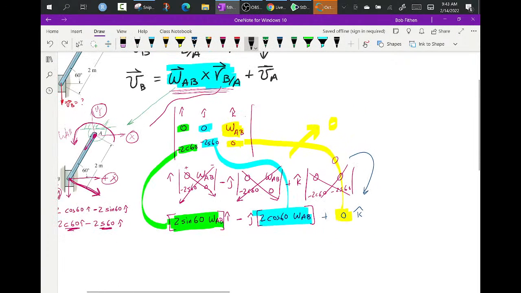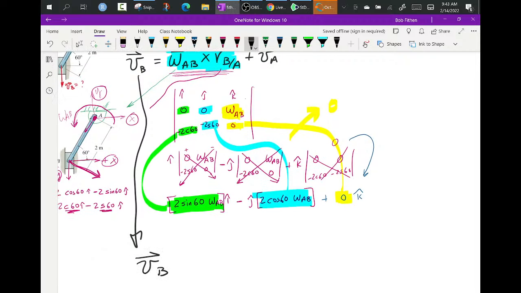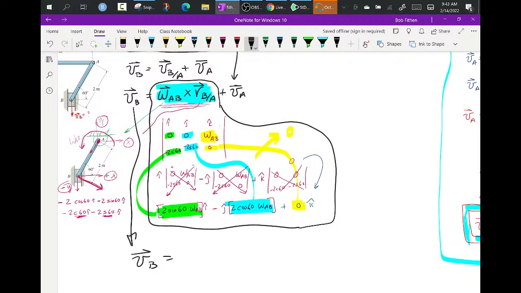Okay, so if I go back to the equation, I will now copy this all the way back down, and I'll say velocity of B is equal to. Now what I'll do is I'm going to take all this, and put it down. So I'm going to put 2 sine of 60 omega AB I minus 2 cosine 60 omega AB J. And now guess what I'm going to do?